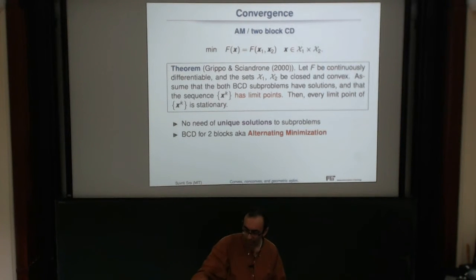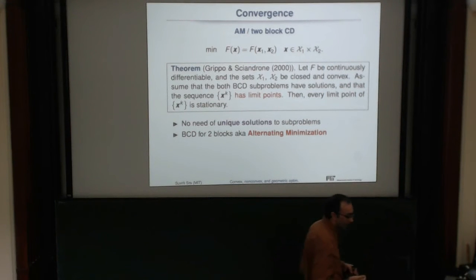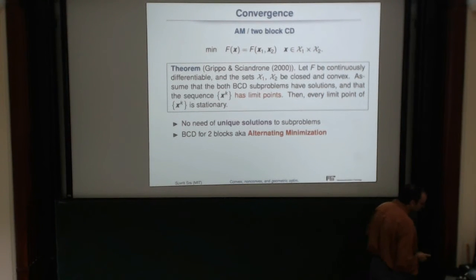Otherwise, even with this biconvex structure that you're assuming, you could get stuck at a corner by doing coordinate descent for certain problems, not for all problems. So in general, I think there may not be exactly this theorem, but under some conditions, not exactly BCD, but a slightly different method will do the job.